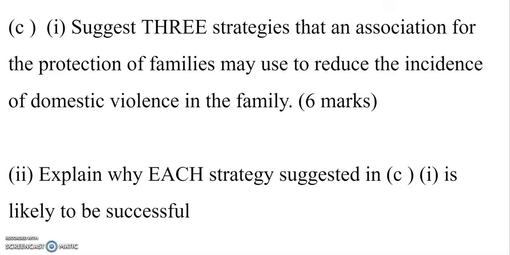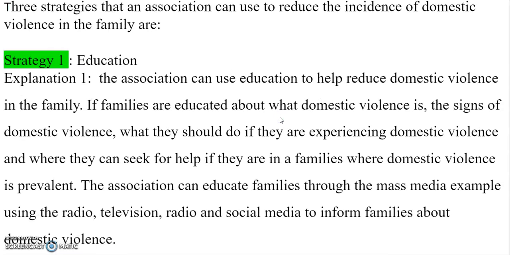Okay, students? So the first thing we need to do is to answer the first part of the question, which carries a total of 6 marks. 3 strategies that an association can use to reduce the incidence of domestic violence in the family are: strategy 1, education.